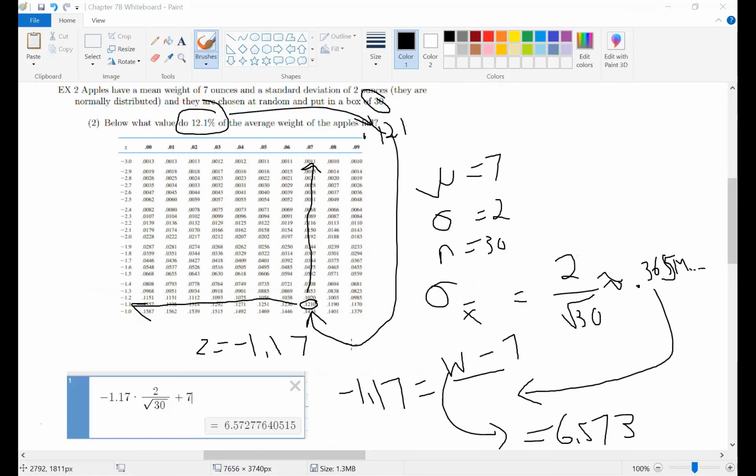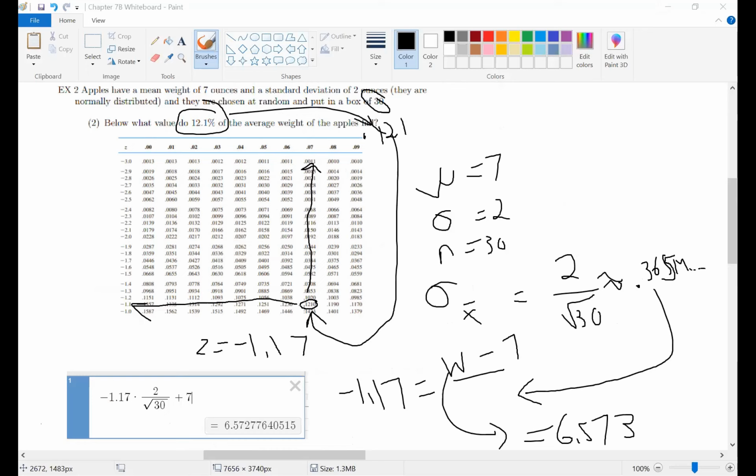So this negative 1.17, we want the value that 12.1% fall below. Since we have a box of 30, remember the 30 rule, sample size is large enough, so we can use our normal distribution by the central limit theorem. We need to find the z-score that 12.1% of data values fall below. We found that by looking for 0.121 in the table right here.